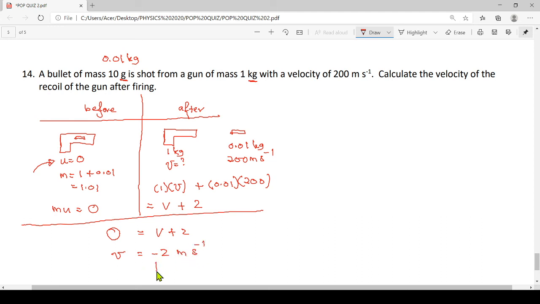So what does this negative sign tell us? The bullet is going to the right, so this negative sign simply means that the gun is moving backward.